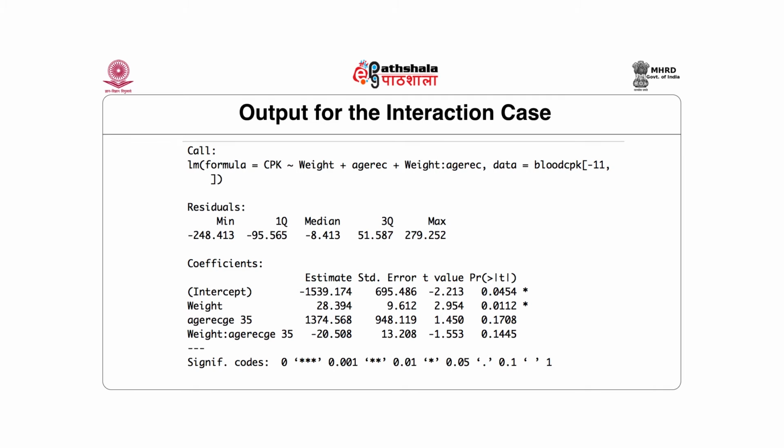And then it also put in the interaction term, weight colon age band 35. You can obviously see that for the reference category, it would have weight times age band at 0 as the reference category.